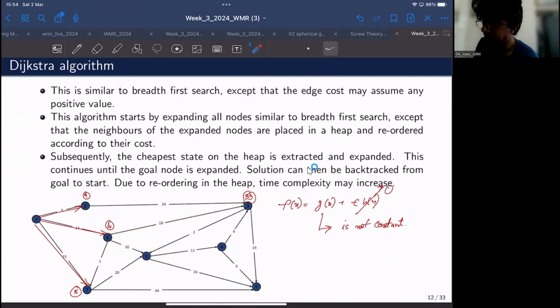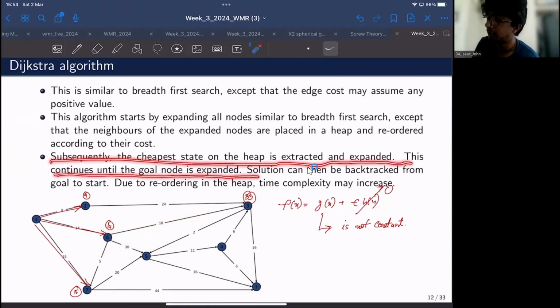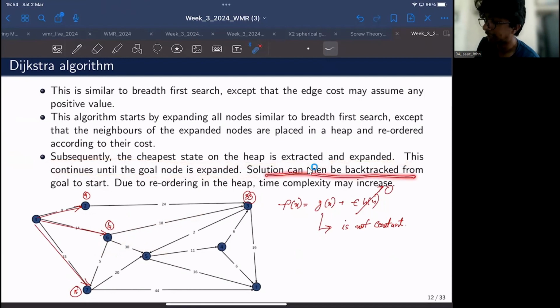So subsequently, the cheapest state of the heap is extracted and expanded. This continues until the goal node is expanded. The solution can then be backtracked from the goal to the start. Due to reordering the heap, time complexity may increase.